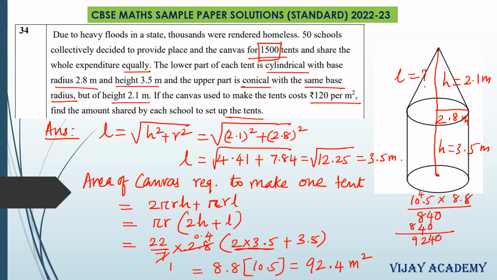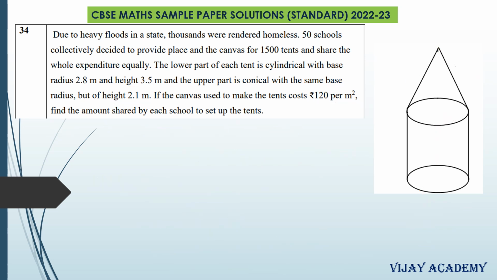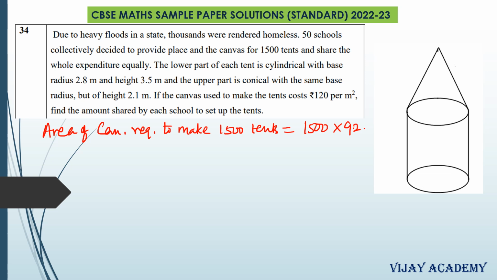So multiply this by 1500. So area of the canvas required to make 1500 tents is equal to 1500 into 92.4.